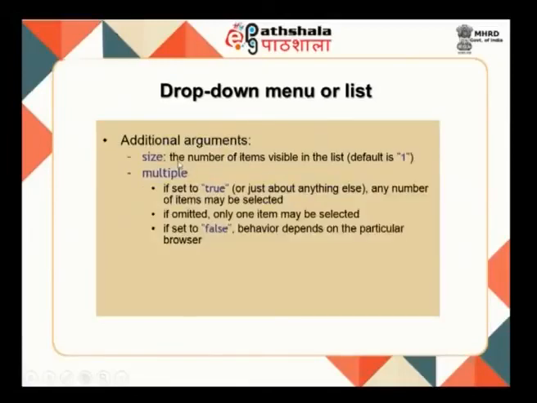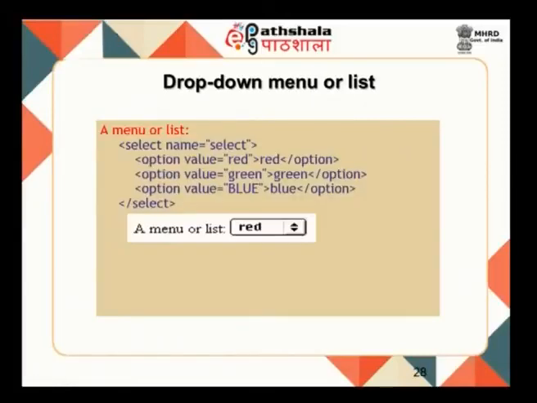If you want to display more items, then you need to make use of multiple or size. If you use the attribute size, then the number of items visible in the list would be changed. By default, the drop down menu has only one item, as you can see in the example.